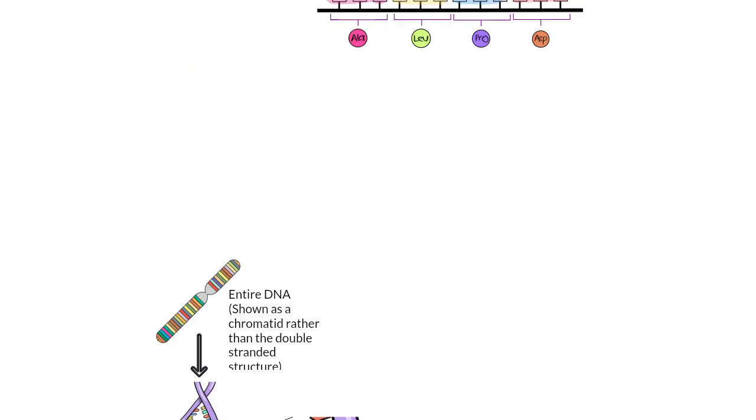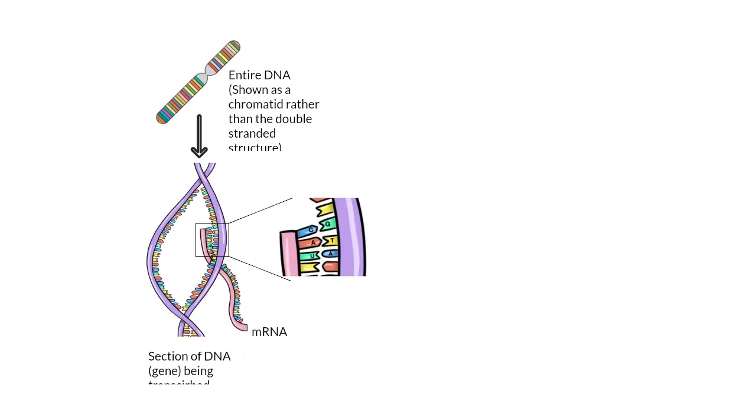So this way, the sequence of triplet codes in the DNA translates to a sequence of amino acids in the polypeptide. Now, during the process of transcription, an mRNA molecule is made using DNA. This mRNA is going to have a complementary sequence of nucleotides to that which is on the DNA strand. So, for example, this triplet code on the DNA will be transcribed to a complementary codon on the mRNA.